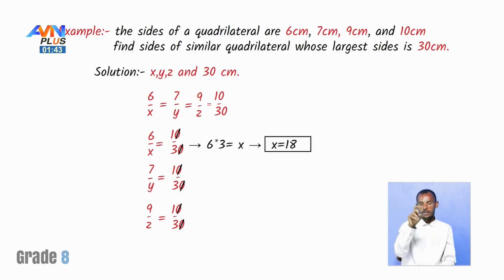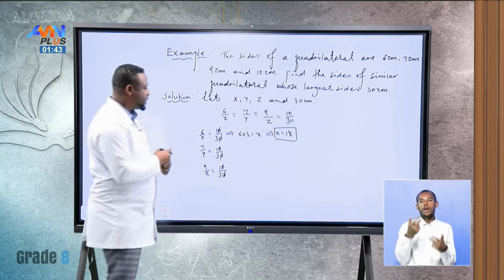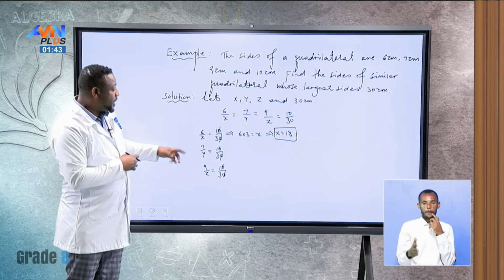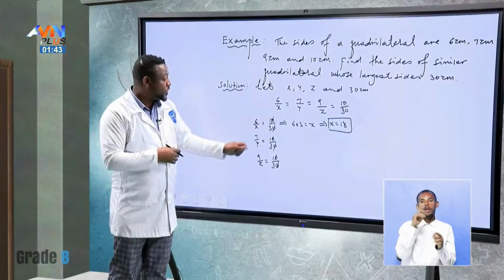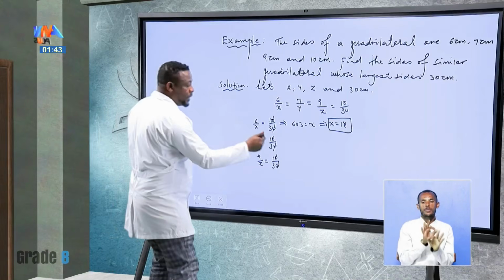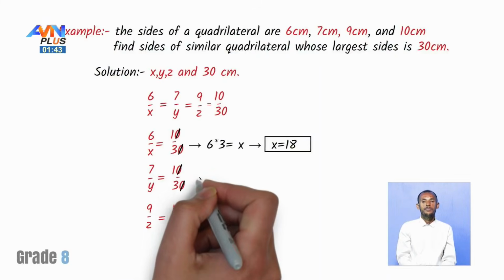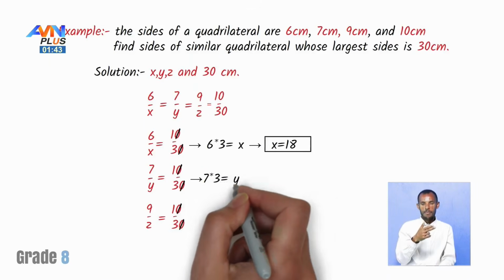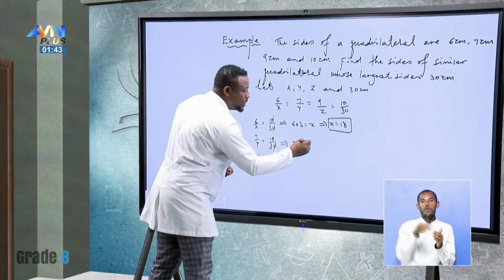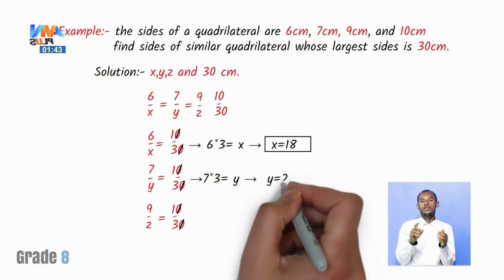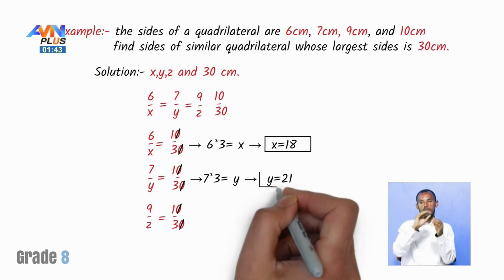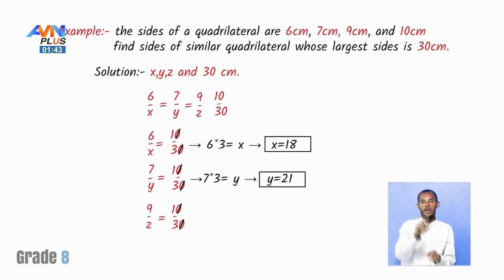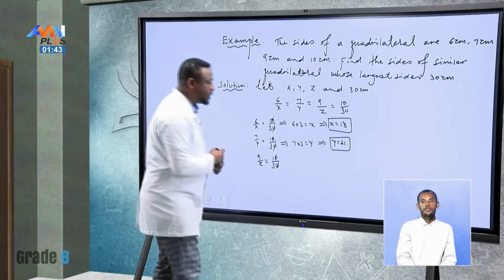Okay, so we have one of the sides. The second one, you can use crisscross. Then 7 times 3 is equal to y times 1, which is y itself. So the product of these two numbers is 21. So y becomes 21.